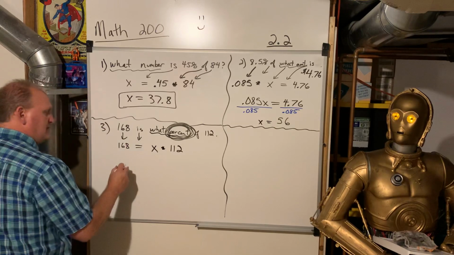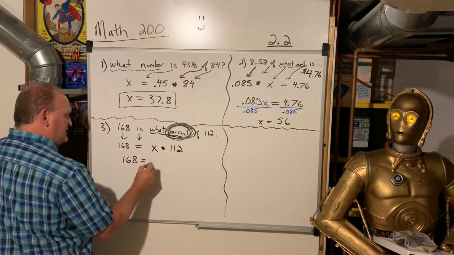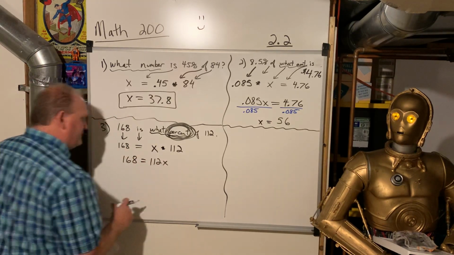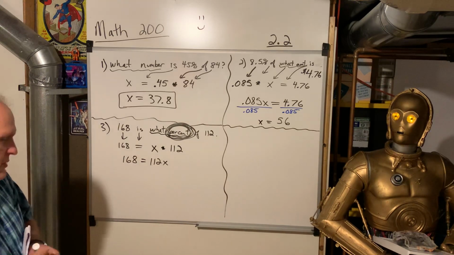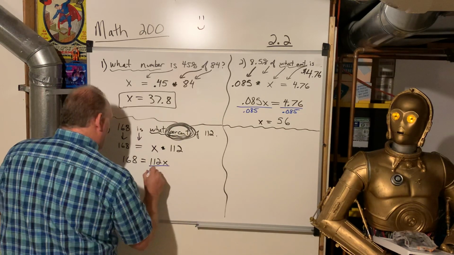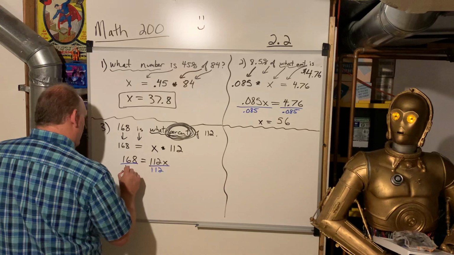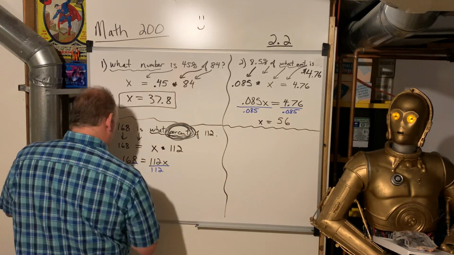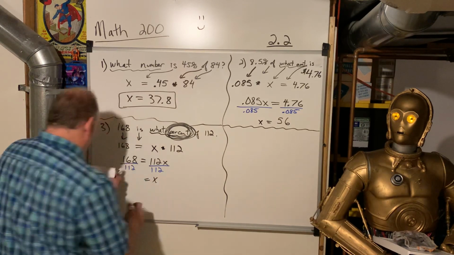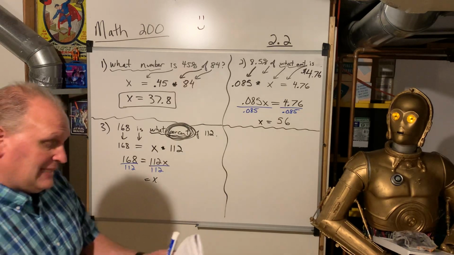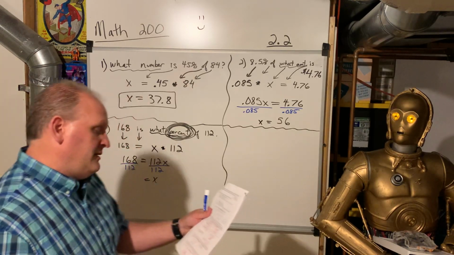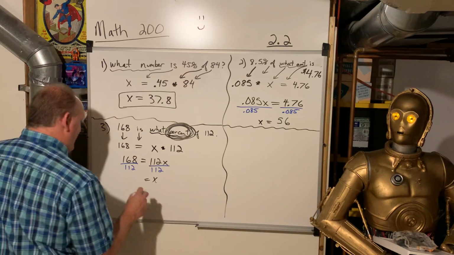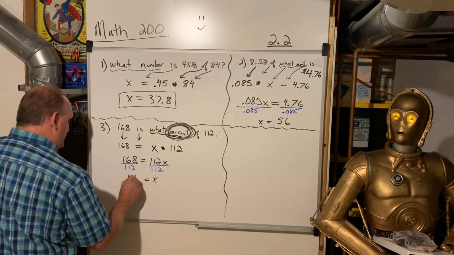So let's rewrite this so it's a little more user-friendly. 168 equals 112x. I want to solve that equation. So I divide both sides by 112. And so what's x then? X is then equal to 1.5. And I just left it like that on my key.